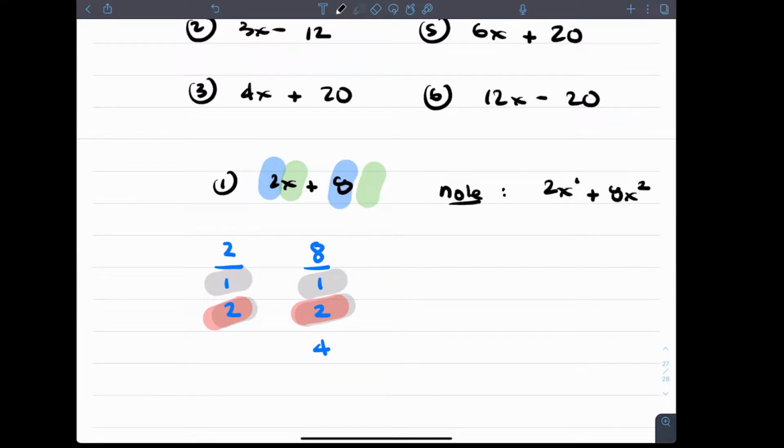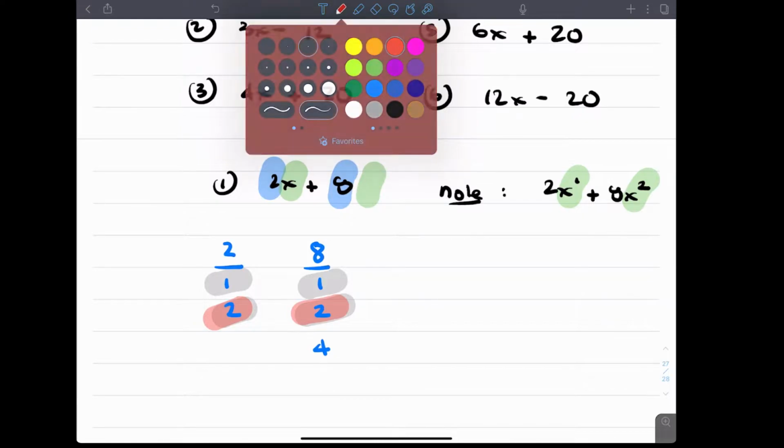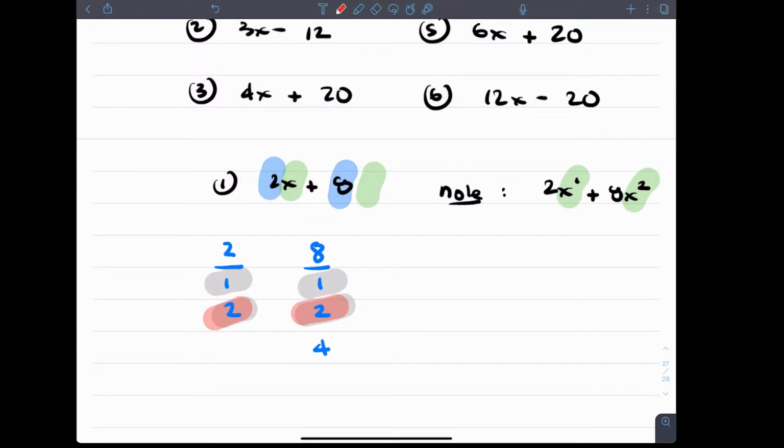Here, x is common. But what's the GCF for the variables? The GCF for x and x squared is always x to the smallest power.